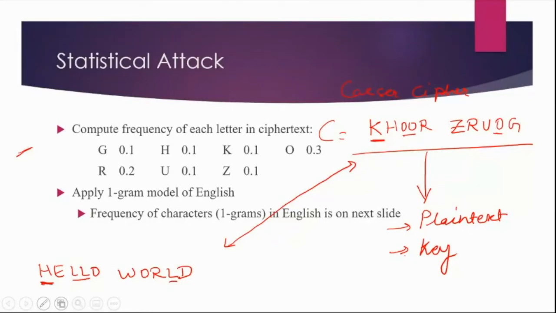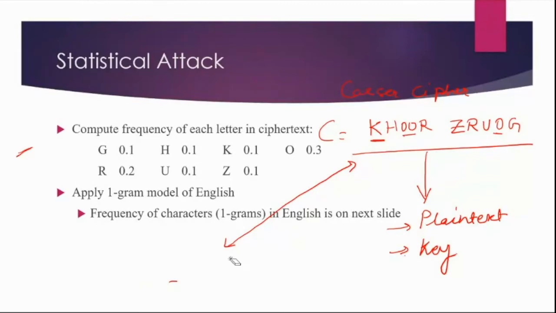As a cryptanalyst, we would like to exploit this particular knowledge which is available to us, and with this knowledge we can try to reduce the number of possible outcomes. So let's see what we can do.